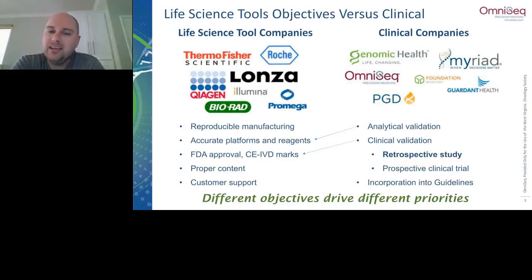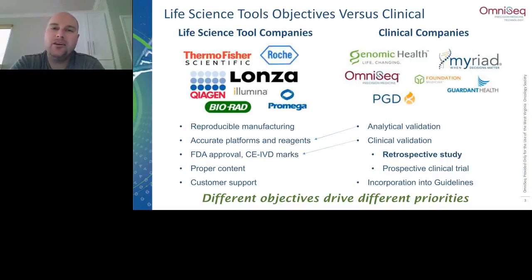And then secondly, for clinical validation, this is similar to an FDA approval or a CE-IVD marking. However, the hurdles to go through that process are different. Typically for FDA approval, for example, you'll go ahead and get the platform approved with one assay in particular in mind, and then the FDA approvals can follow from that.